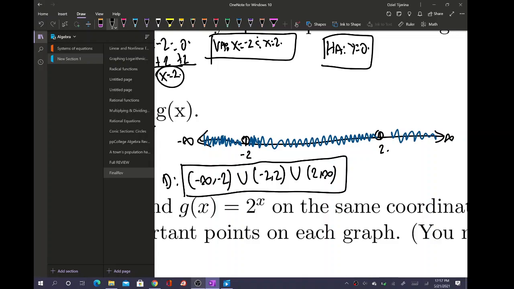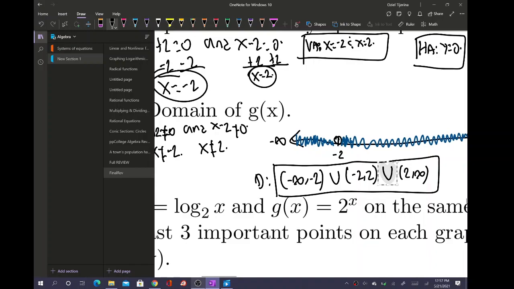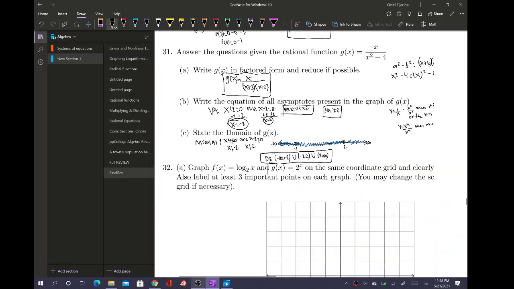This is our domain. Okay, you want to make sure you put domain, like you don't want to just say the interval, but you want to say that that is the domain, because some teachers are like that. So I would put D and then this part, and then just put the intervals.